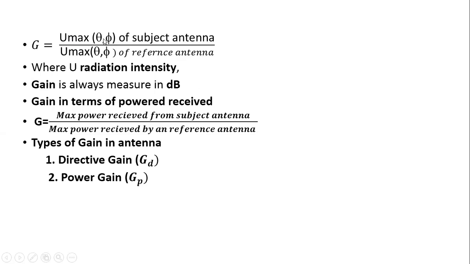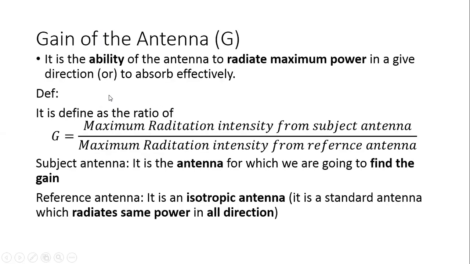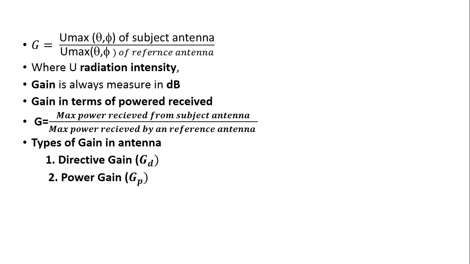Theta, phi are space coordinates because this is radiation. We want to radiate this power in free space from transmitter to receiver, so theta, phi are the coordinates of free space. So U is the radiation intensity, the maximum radiated power of the subject antenna to the maximum radiation intensity of the reference antenna. This is represented in this equation.